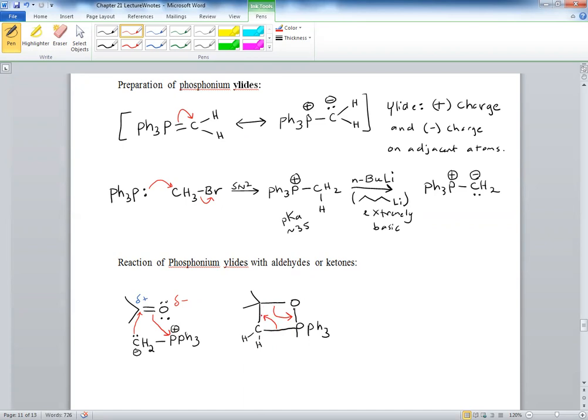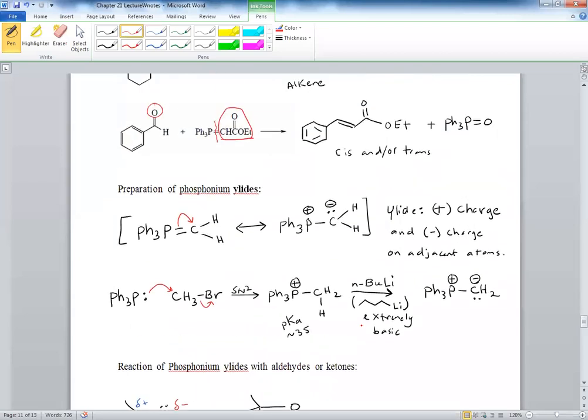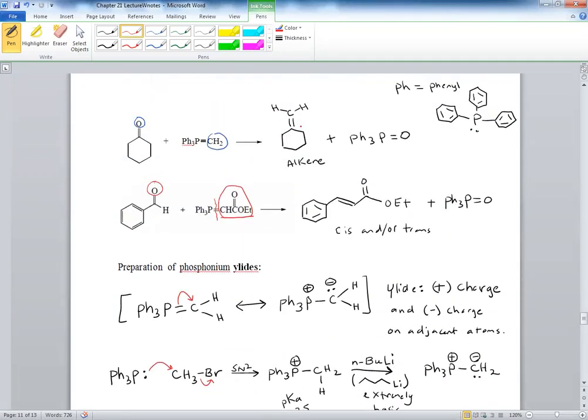So these electrons shift to make a double bond between the carbon and the carbonyl carbon, and a double bond between the O and the phosphorus, as you've seen in the products right here. You saw a double bond formed between them.